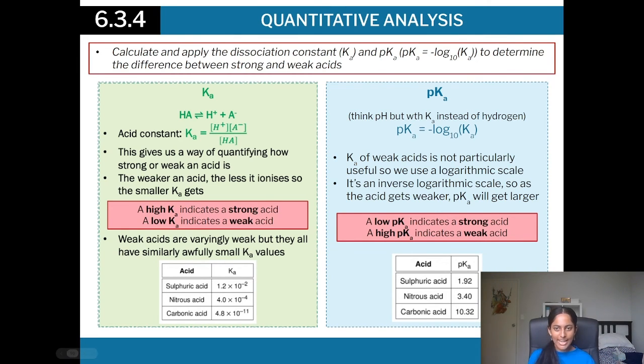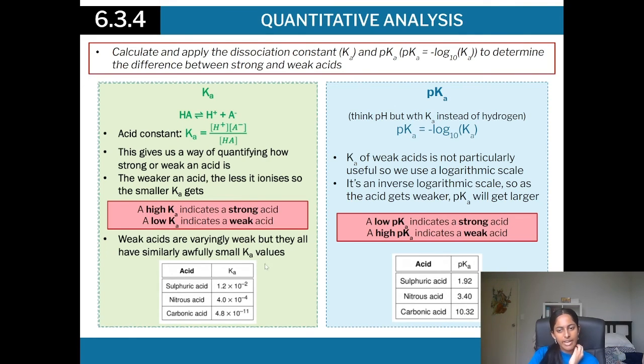And that's where your pKa comes in. Because you're using a logarithmic scale, you have a smaller scale to work with, so it's easier to determine what's a strong acid and what's a weak acid. So pKa is pretty much negative log base 10 of Ka, and it's an inverse logarithmic scale. So if you have a larger pKa, then that means you have a smaller Ka.